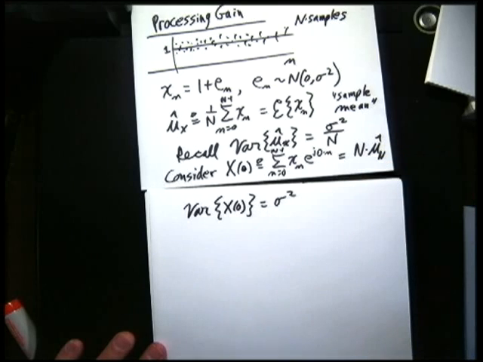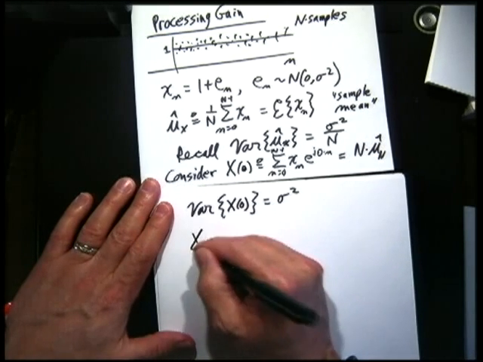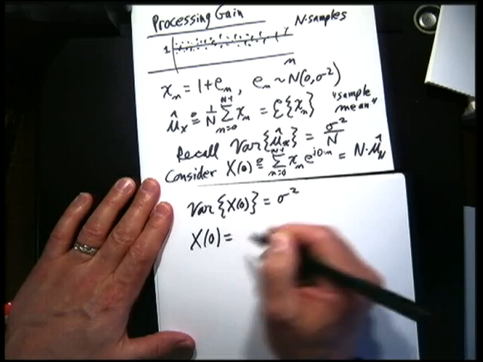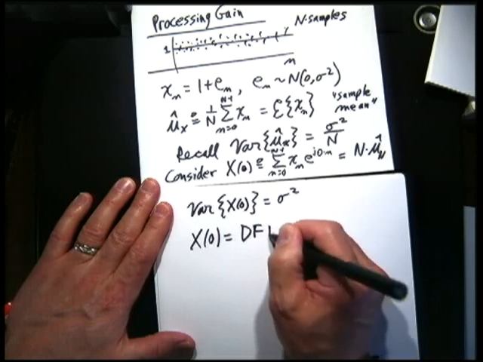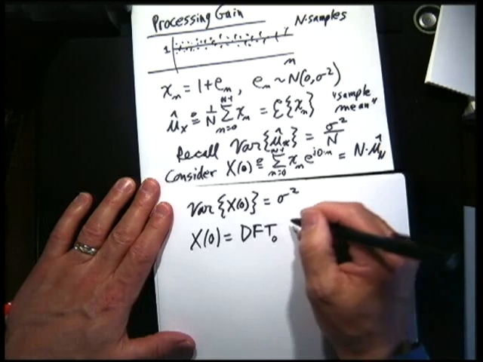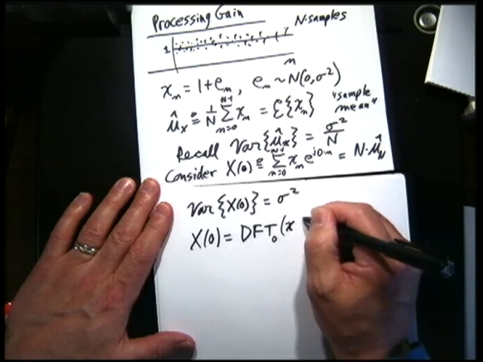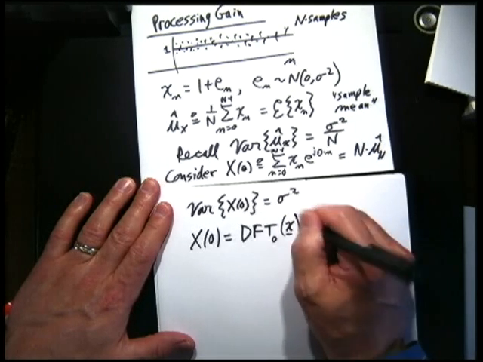No matter how long our DFT is, it's going to have a variance that is proportional to the variance of the original process. So we're not really getting any average when we take the DFT, so we have to do some averaging. But now also notice that X of 0, let me expand it out a little bit, is the DTFT at bin 0 of x, viewed as a vector.